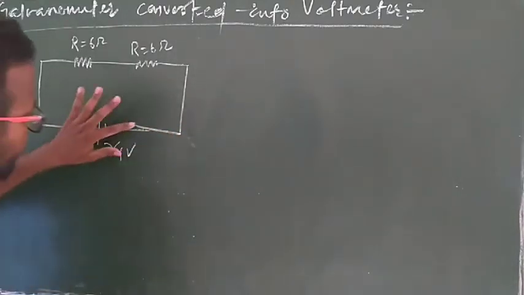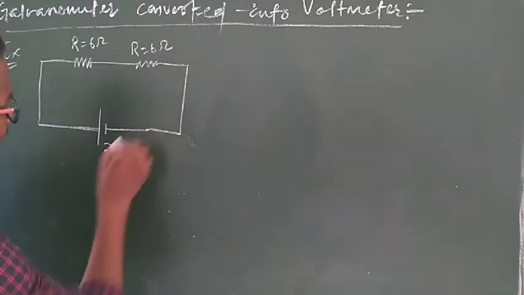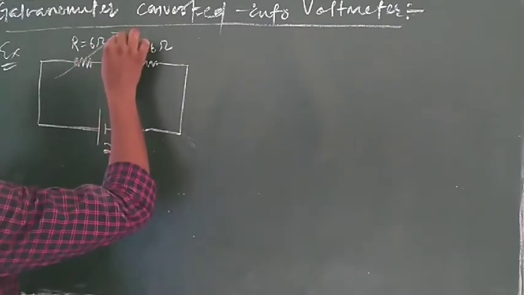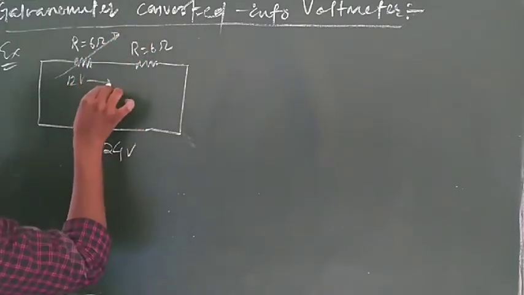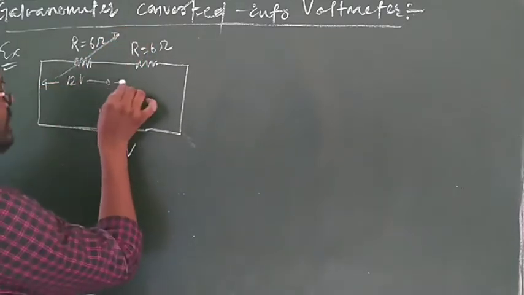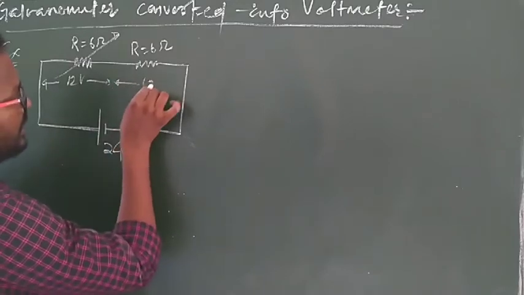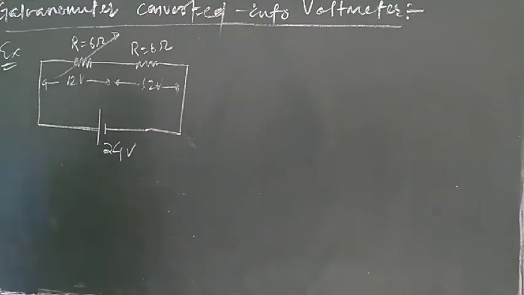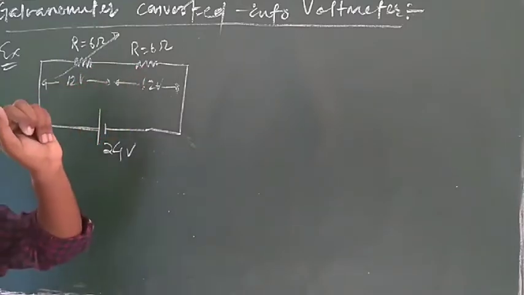Clear? Now the potential difference across the 6 ohm resistor is 12 volt, and across the other 6 ohm resistor also it is 12 volt. This is the mathematical expression to determine the potential drop across each resistor. Clear?